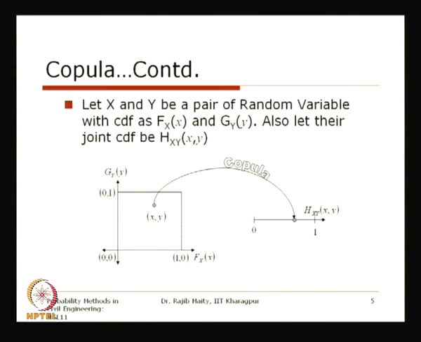Now, if we see it more intuitively, say here the example has been taken for two random variables only. As I was just telling, suppose there are two random variables x and y, whose cumulative distribution functions are: for x, it is Fx(x), and for y, it is Gy(y).